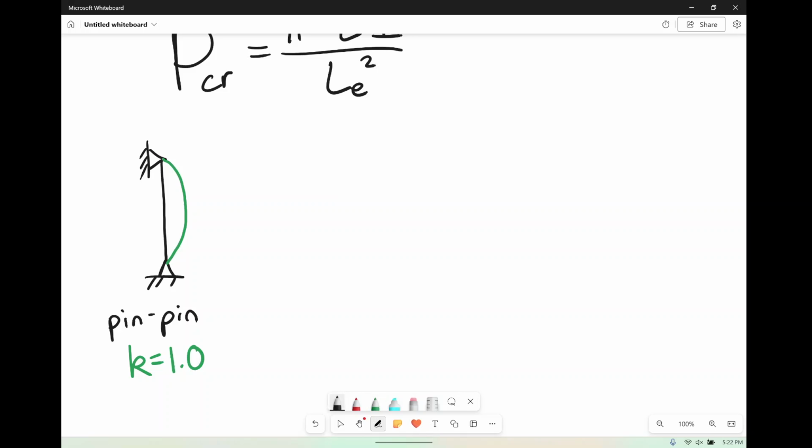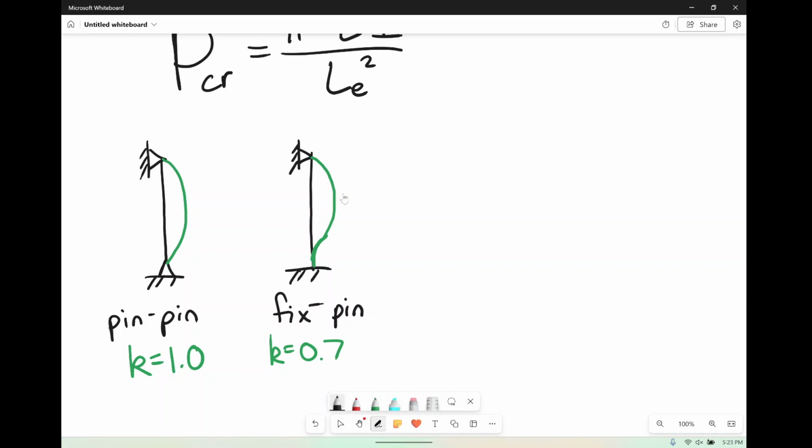Then if you have a fixed pin, so fixed at the one side, and again, pin or roller, doesn't matter, on the top, a fixed pin is going to have a very interesting shape. It's going to start off kind of flat, and then it's going to kind of curve out from there. And in that ugly way of doing things, that K value is then going to be 0.7.